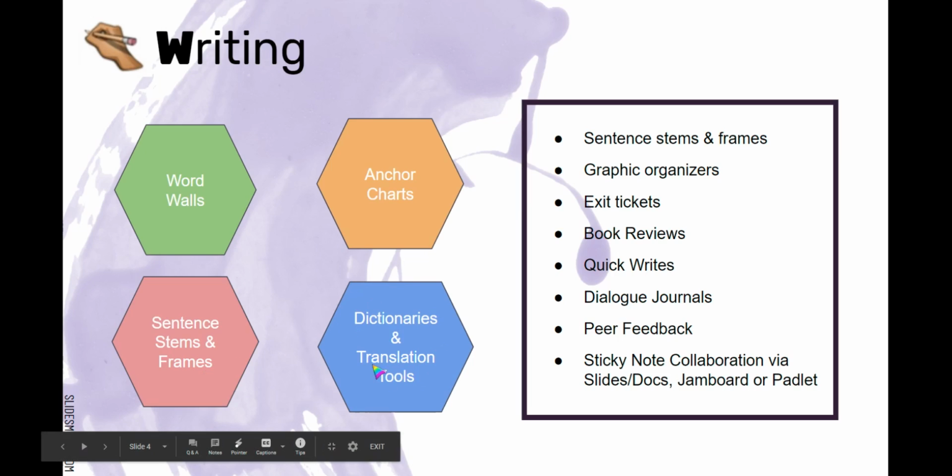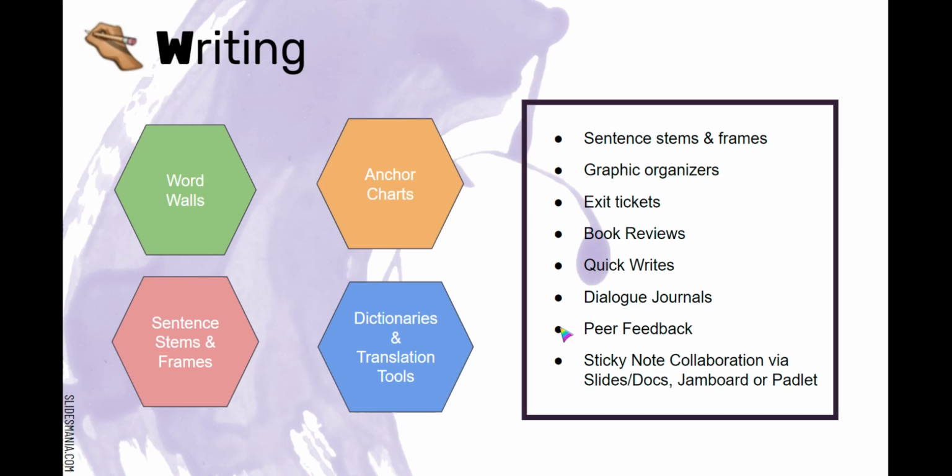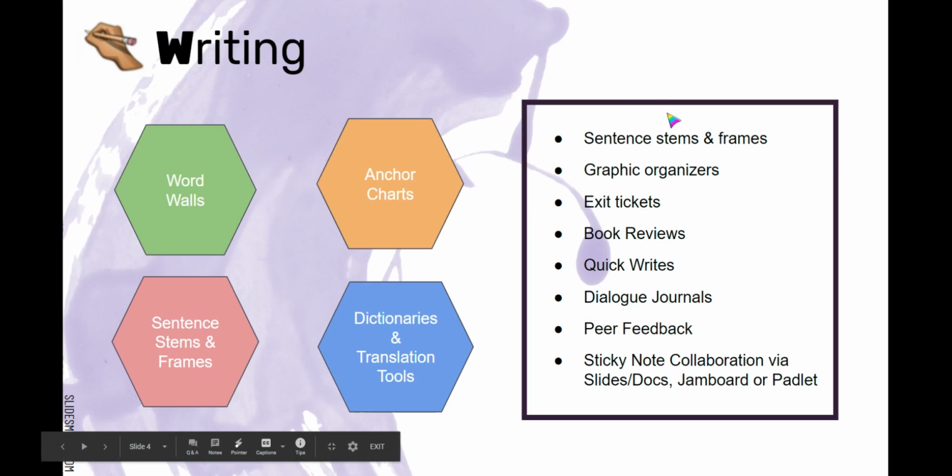And dictionaries and translation tools are always readily available electronically. Creating spaces for students to collaborate around ideas or graphic organizers, these are all ways in which we can create writing tasks while also being intentional about the quality and the expectations of those writing tasks.